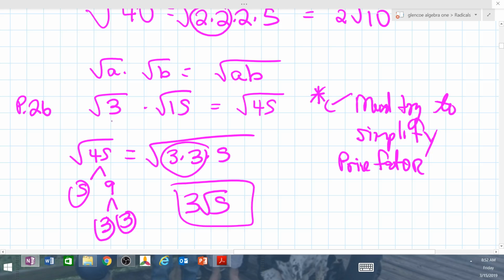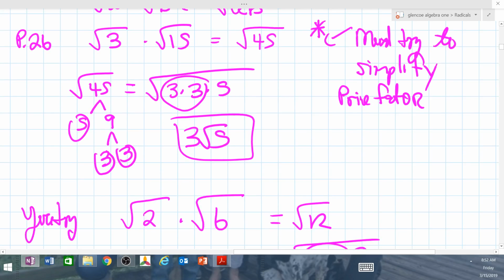So the square root of 3 times the square root of 15 would be the square root of 3 times 15, or the square root of 45. Now, the most important point that I can give you right here is that you can't leave your answer as radical 45, just in case radical 45 can be broken down, which it can. So when you prime factor it, you get radical 45 equals 3 radical 5.